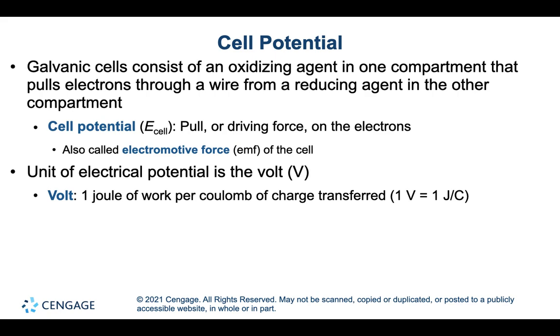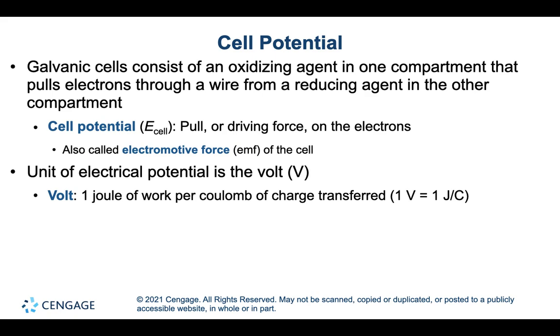A coulomb is a charge unit. Now, coulomb is probably less familiar right now than joule, but just to remind you, back at the very beginning of the first semester, we talked about the electron charge being measured in the Millikan oil drop experiment. And it was measured to be 1.6 times 10 to the minus 19 coulombs. Well, coulombs is a measure of electric charge. So a joule per coulomb is the same as saying 1 volt.